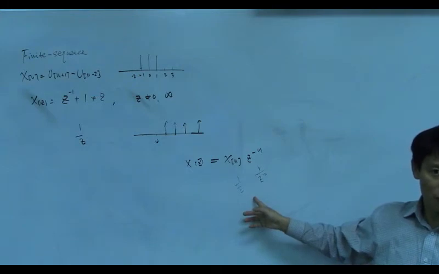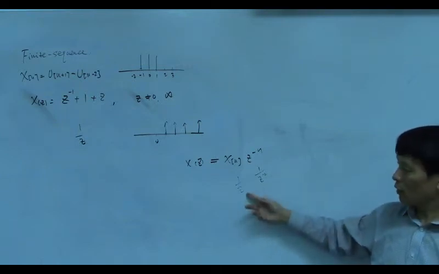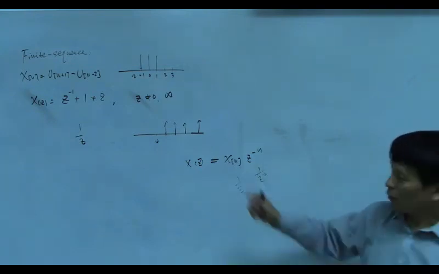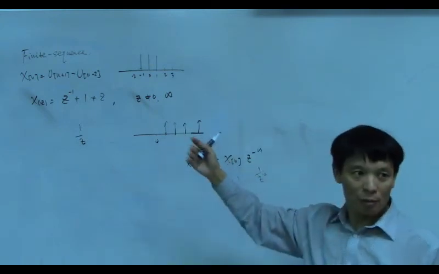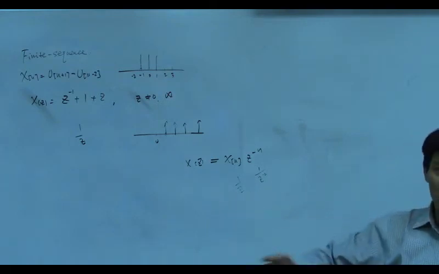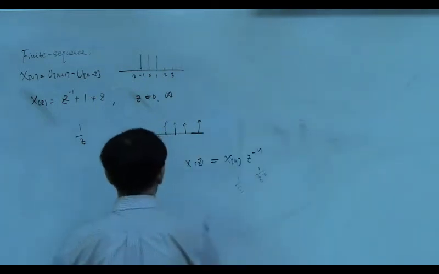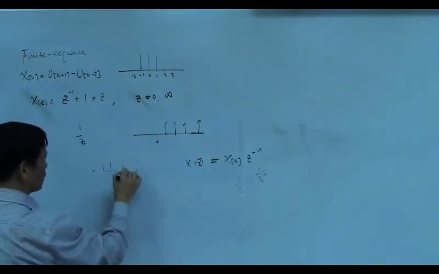But can Z equal infinity? Z can equal infinity. If Z equals infinity, this part equals 0, this part equals 0. So that's fine. So for all positive-time finite sequences, the region of convergence is Z not equal to 0. Okay. How about this one? Another example like this. Also finite, but all the values are in negative time.